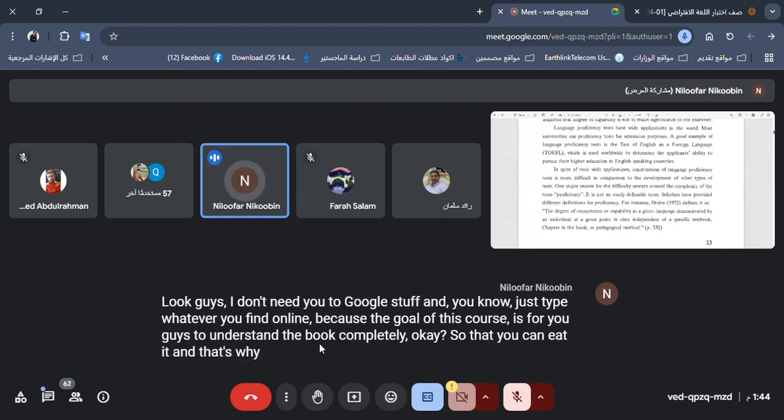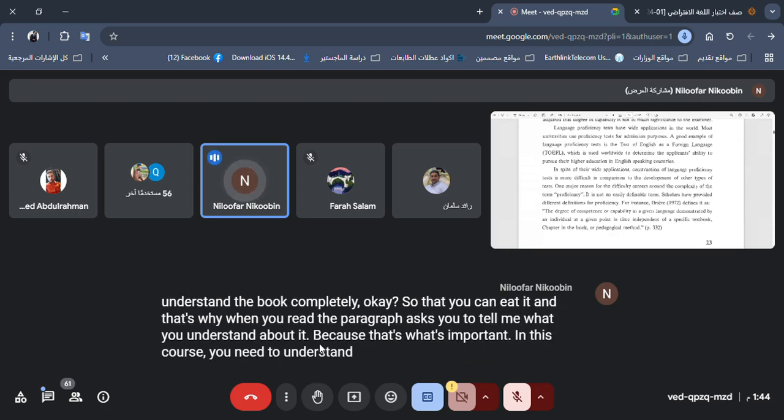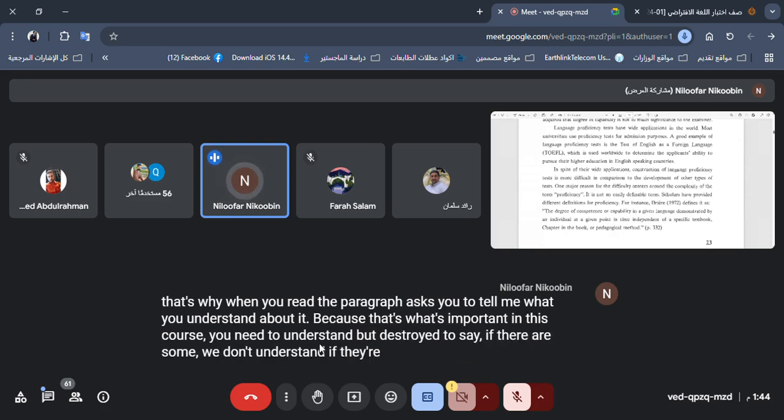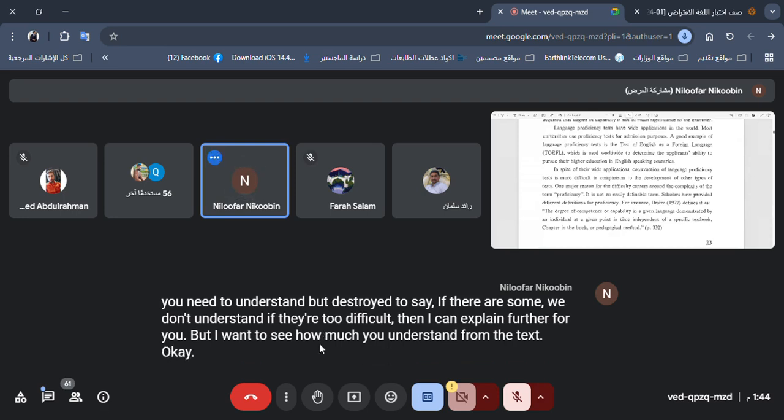That's why when you read the paragraph, I asked you to tell me what you understand about it, because that's what's important in this course. You need to understand what it's trying to say. If there are some words you don't understand, if they're too difficult, then I can explain further for you. But I want to see how much you understand from the text. Okay, so Farah, can you tell us what you got?